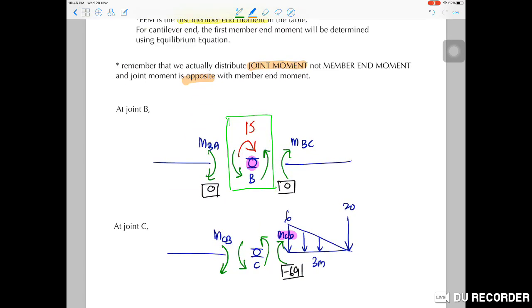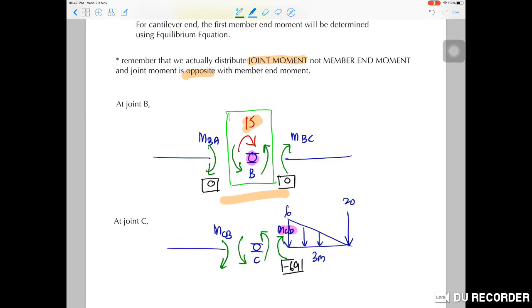I just want to highlight joint B. At joint B, there is no MBA and MBC because member AB and member BC have no fixed end moment. However, at joint B, there is a joint moment, an external moment applied at B. So we analyze the joint like this.